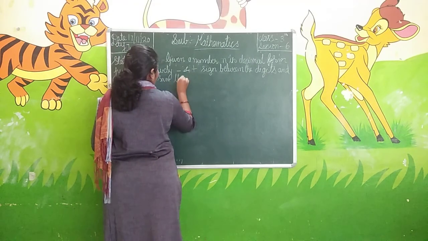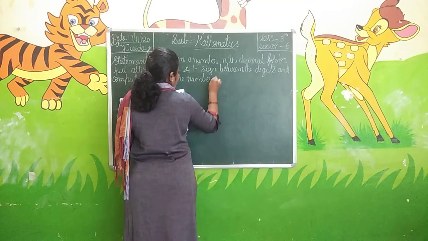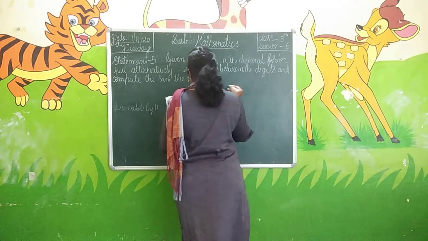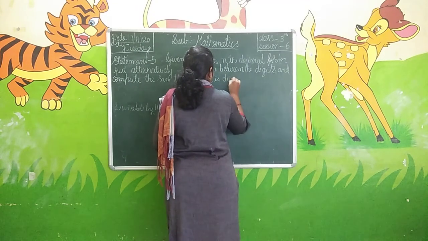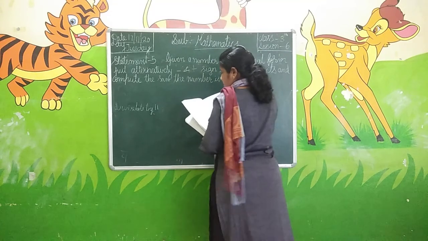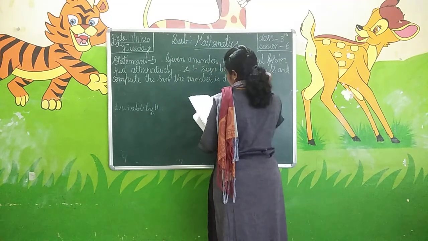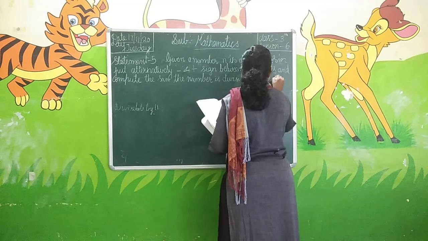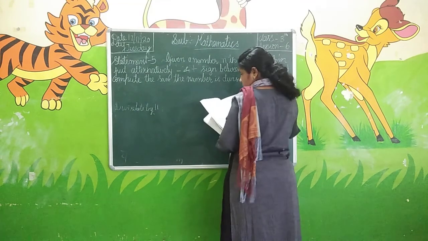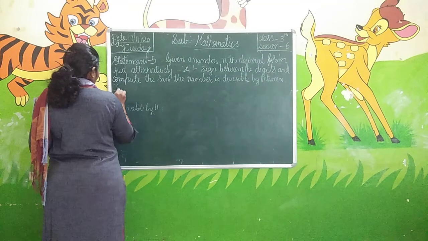If the sum is divisible by 11, then the number is divisible by 11.